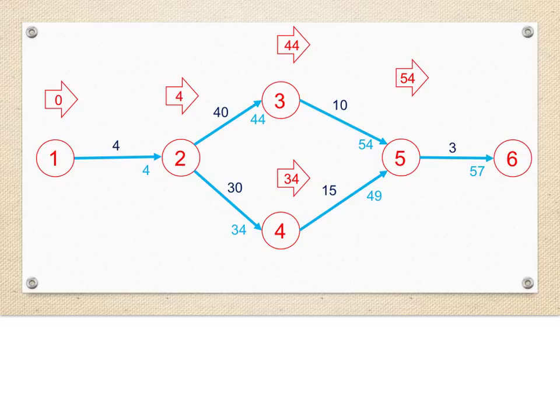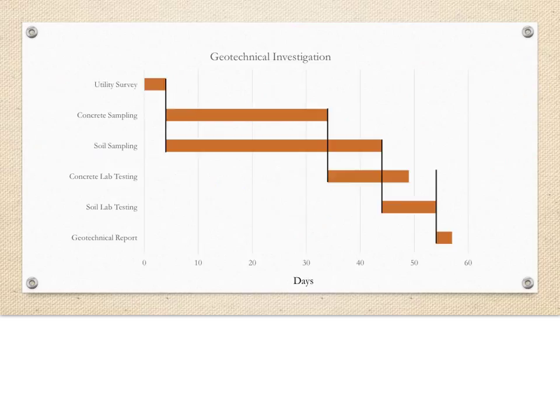Therefore, the earliest possible date of this project is 57 days after the beginning. So if you look at the Gantt chart from before, we see that as we compiled it, we also got a completion date of 57 days.